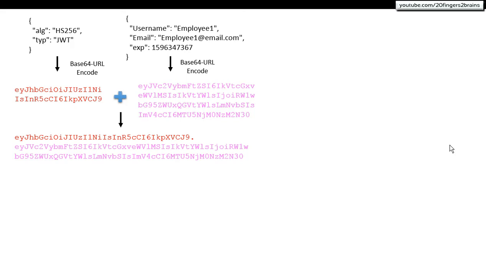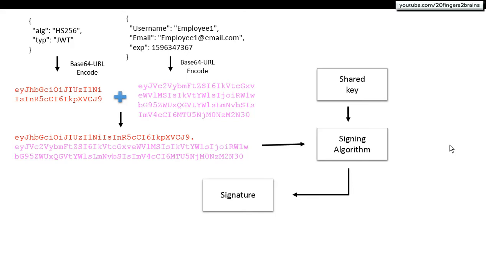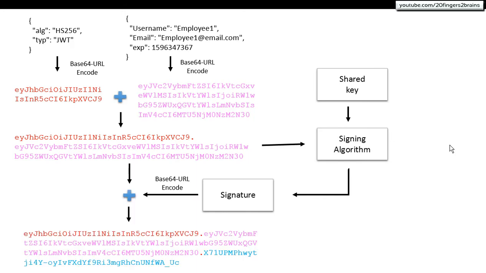Then this unsigned token is passed to a signing algorithm or hashing function. This hashing function, using the shared key, generates a signature which is then base 64 URL encoded and concatenated with the unsigned token to make a signed token. So this is the overall process of generating a signed token.